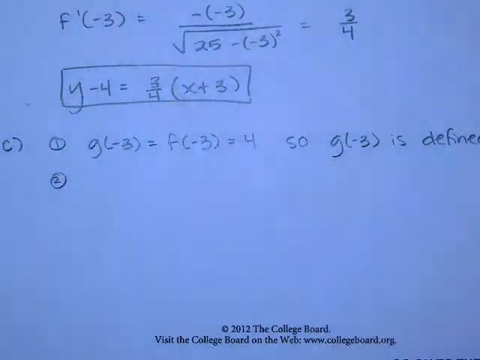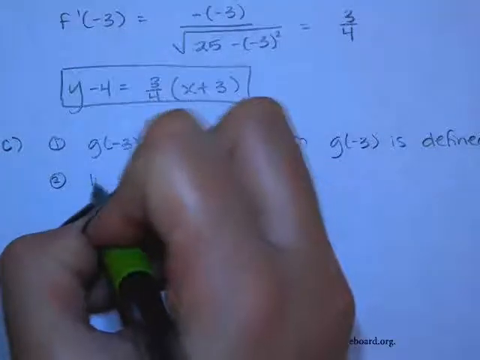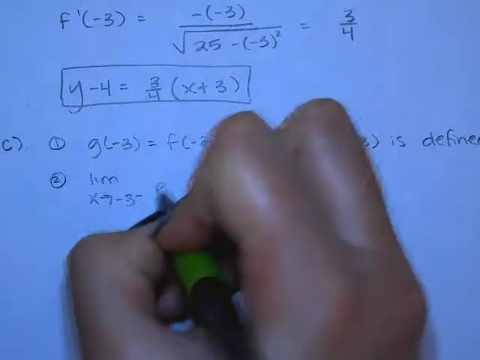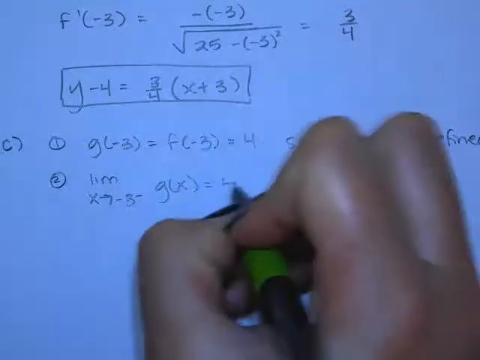The second part of the definition of continuity is that the left-hand limit and the right-hand limit are the same, meaning that the limit exists for that number. So next we're going to say the limit as x approaches negative 3 from the left of g of x. That's what we just figured out. It's 4.